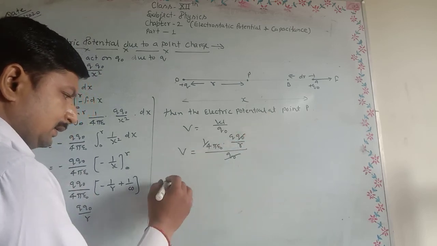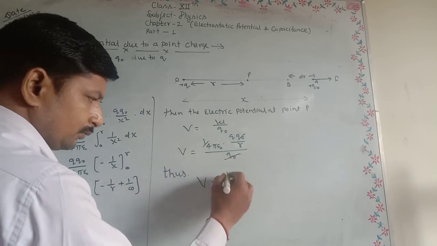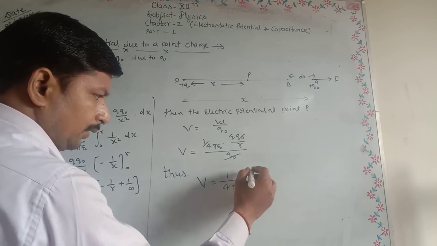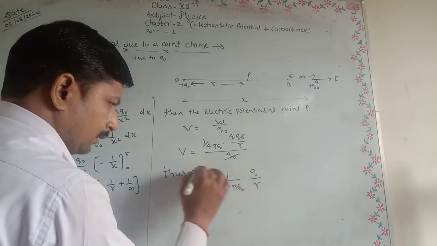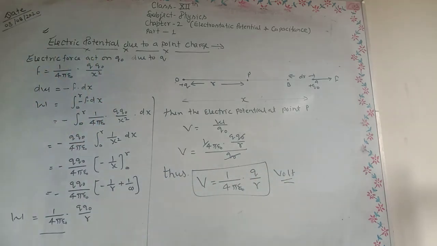Q0 cancels. Thus V is equal to 1 upon 4 pi epsilon naught into Q upon R. This is the required formula of the electric potential due to a point charge. Understand, students?